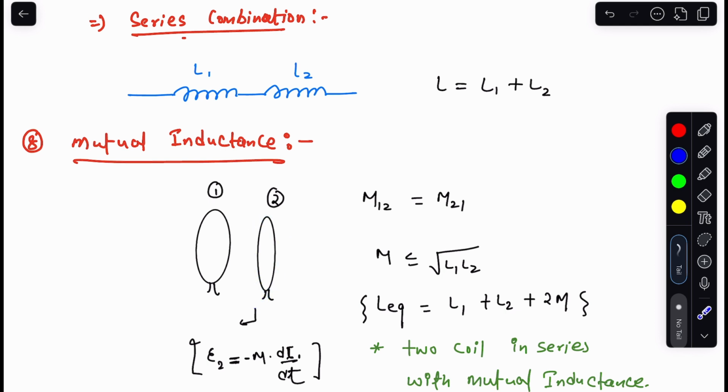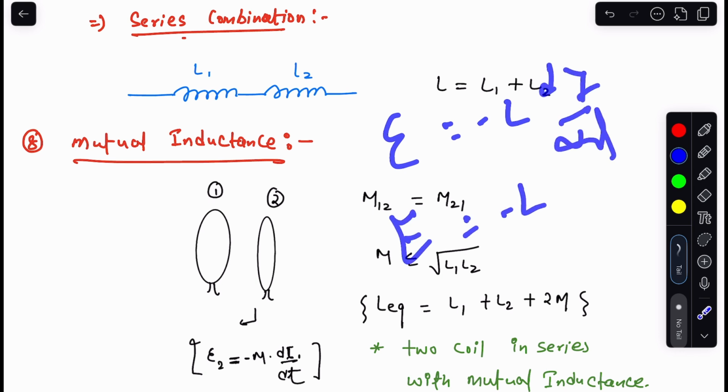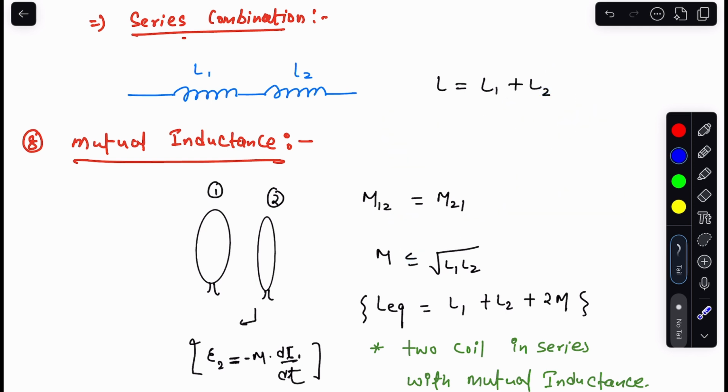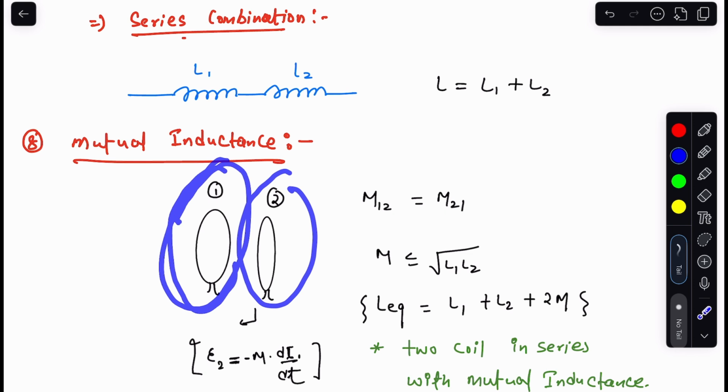Like we had E equals minus L di by dt, here also we say E equals minus M di by dt, where E is of this one and the current is of the other one. This constant will be called the mutual inductance.